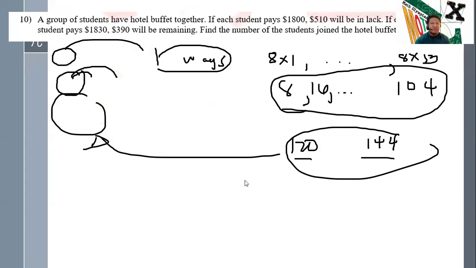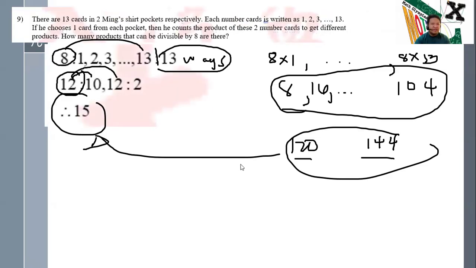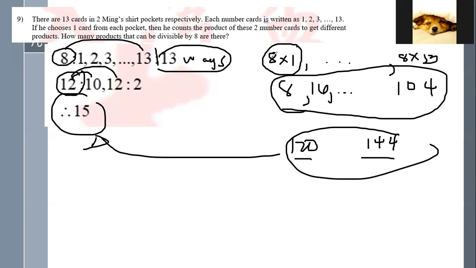Yeah, 4 times 2 is also 8, right? But it says in the previous question, it should be a different product. So the 4 times 2 is already counted in the 8 times 1 here, because we're trying to find the different products. The 4 times 2 is still 8, so we'll be counting the product 8 as one only.